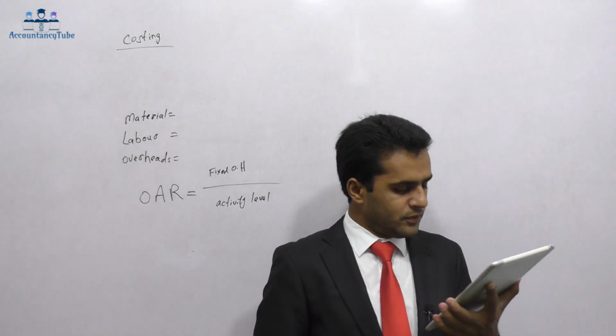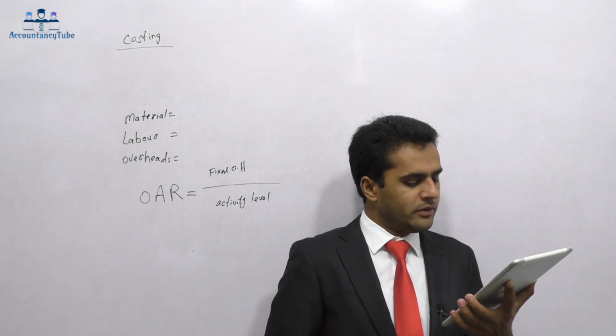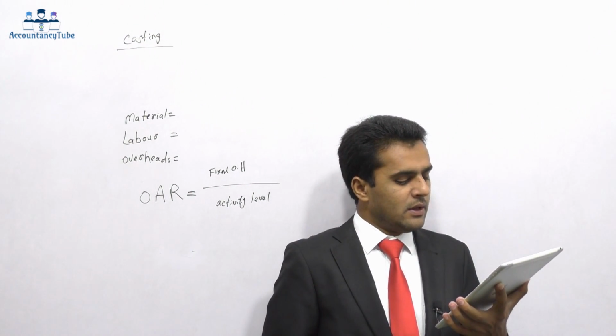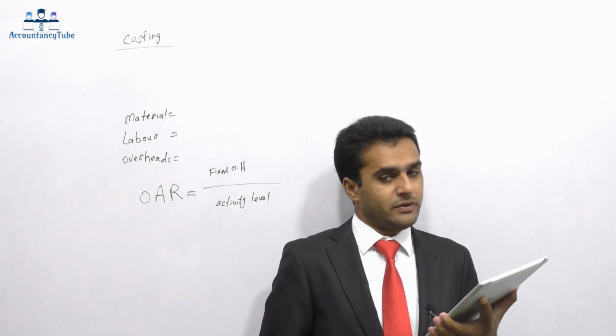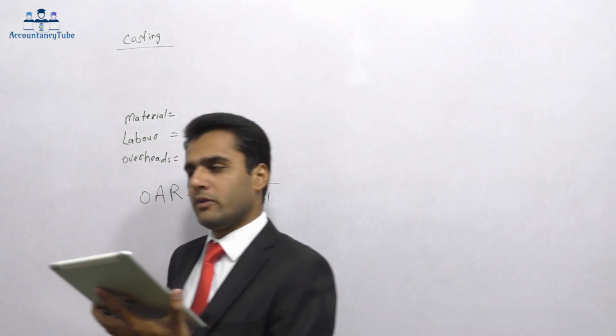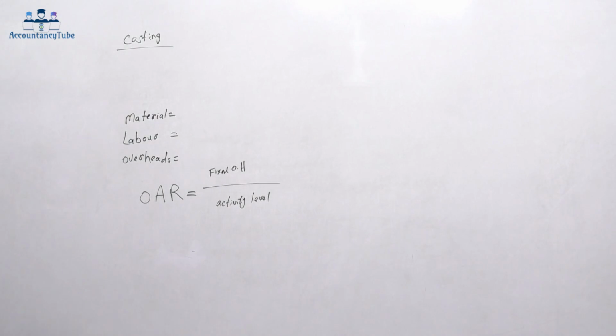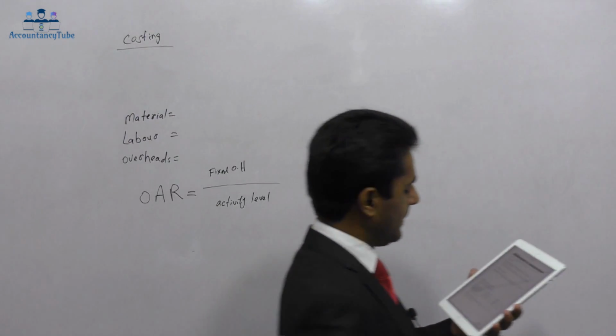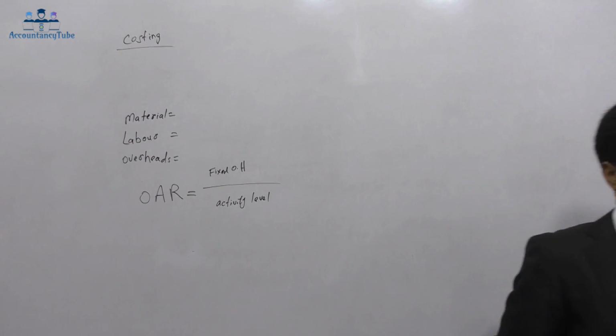Details are given below. Direct labor cost per unit is given for all of these. Direct material cost is also given. Then units of production, which are sales as well, are also given. Then labor hours per unit. Now this is not the cost, it is labor hours per unit. And then machine hours are also given, and finally selling price per unit.